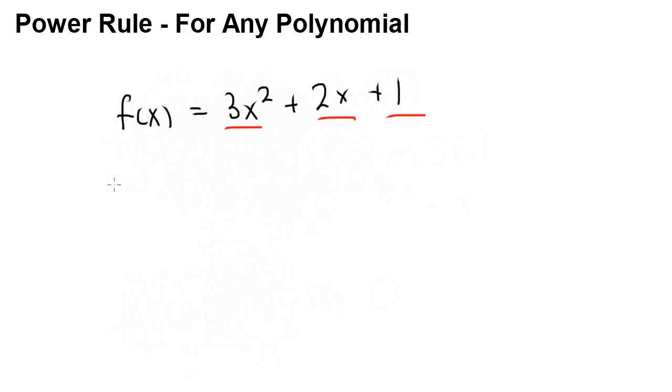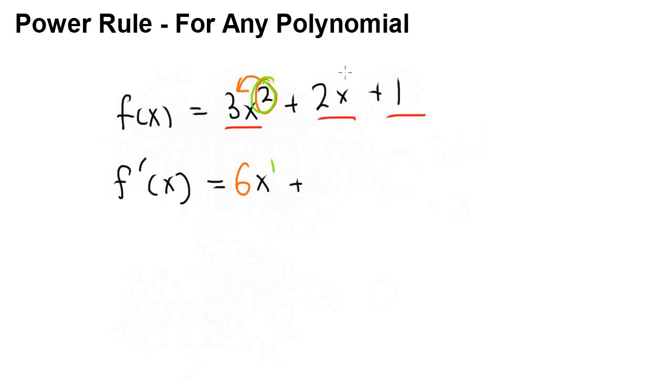Alright, so what do you do if you have more than one polynomial term? So for example, let's say you have something like f of x is equal to 3x squared plus 2x plus 1. Well, in this case, we just take the power rule for each one individually. So let's do it. F prime of x, we're taking the derivative. Power rule on the first one, so we take 2 times 3, we get 6, x, and then drop the 2 by 1, this 2 becomes a 1.